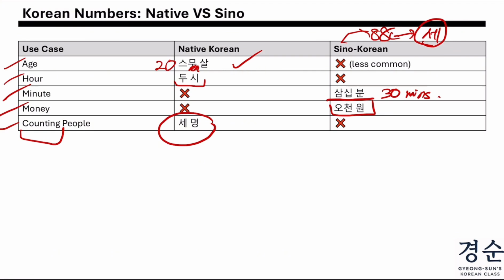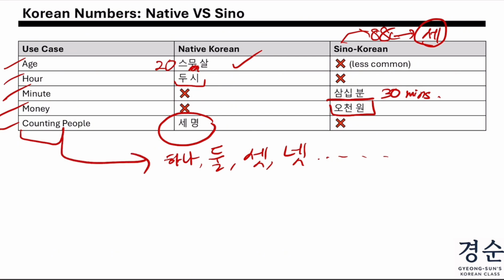One tip I can give you here is to imagine you are doing some counting. You can count 하나, 둘, 셋, 넷, and so on. Imagine you are doing counting. That's why you use the native Korean numbers.